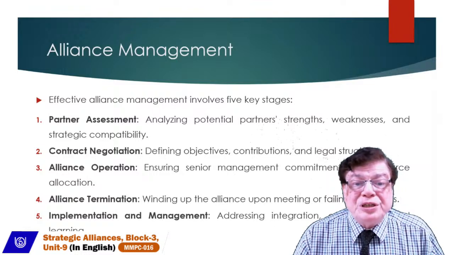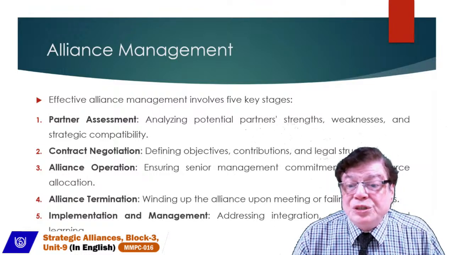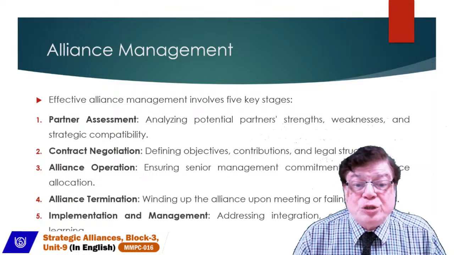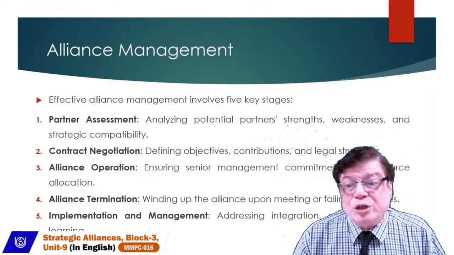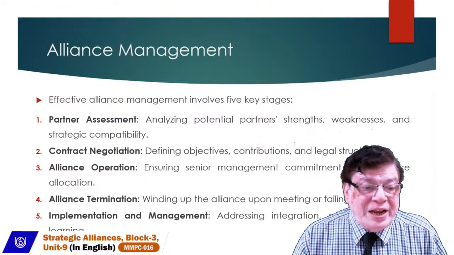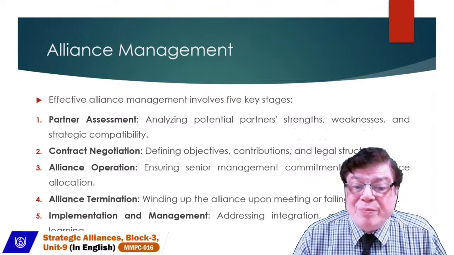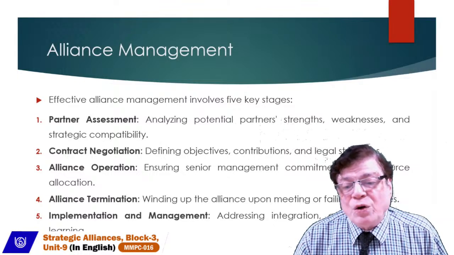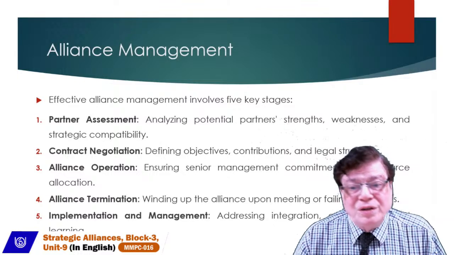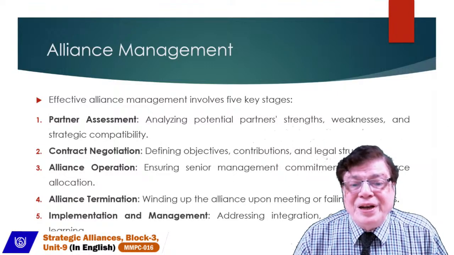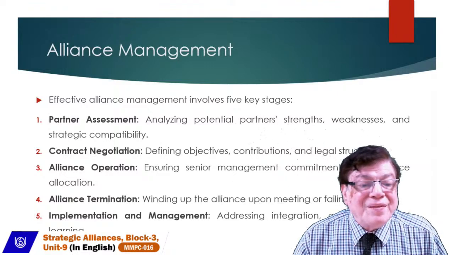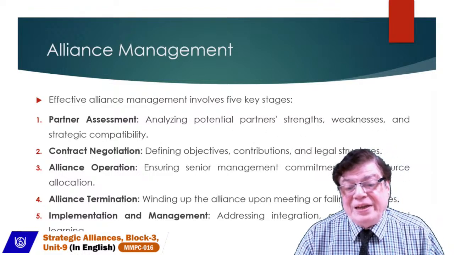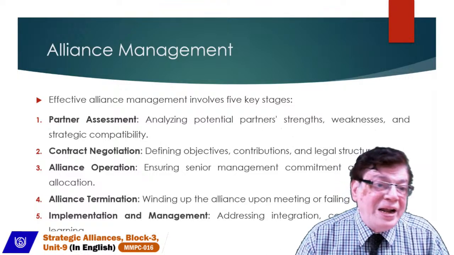Next is contract negotiation, defining objectives, contributions, and legal structures. Next is alliance operation, ensuring senior management commitment and resource allocation. Fourth is alliance termination, winding up the alliance upon meeting or failing objectives. If the objectives are not fulfilled, then terminate the alliance. Next is implementation and management, addressing integration, cooperation, and learning.